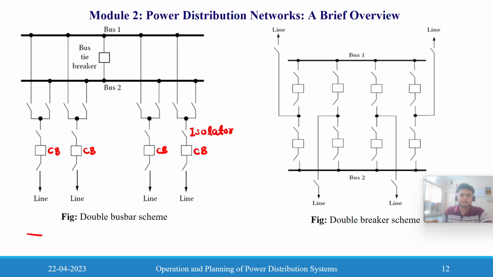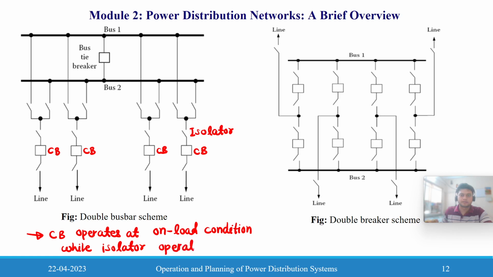One important point is that a circuit breaker operates at on-load condition, while an isolator operates at off-load condition.